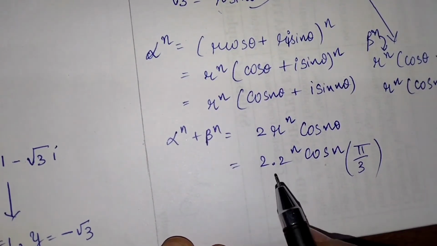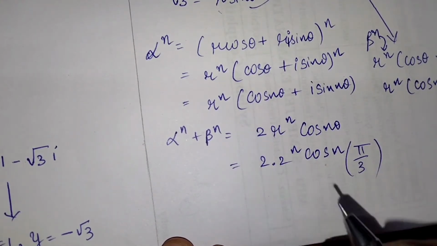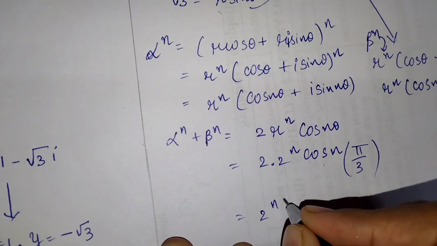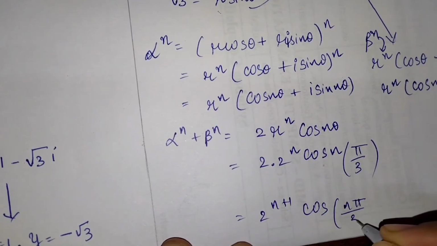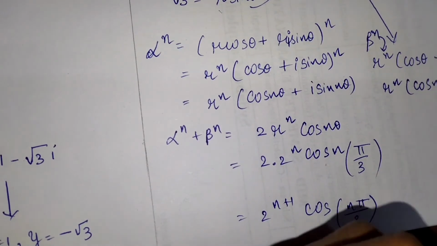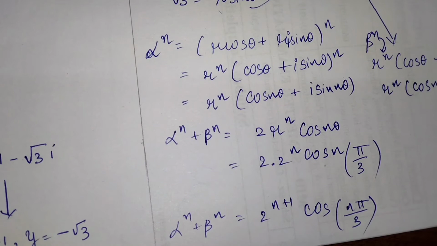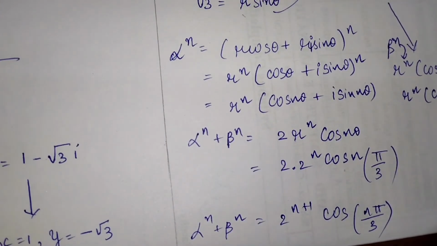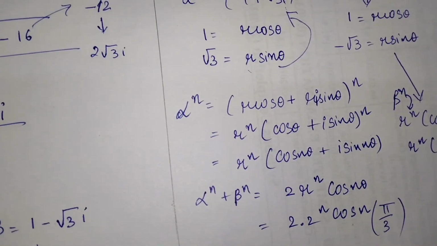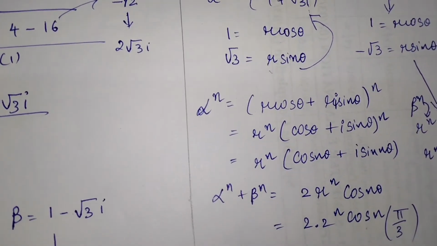Since these two are multiplied, we can add the powers, so we get 2 raised to n plus 1 cos n pi by 3. Okay, so we had to prove alpha raised to n plus beta raised to n, so it is proved. In this way you have to prove it by using De Moivre's rule.